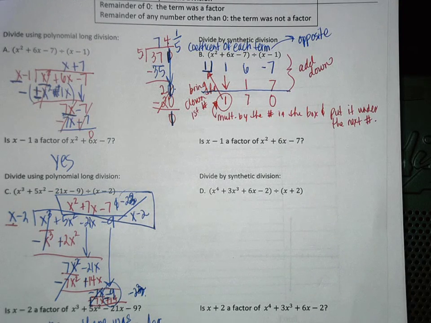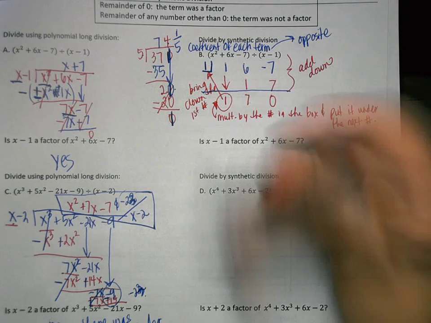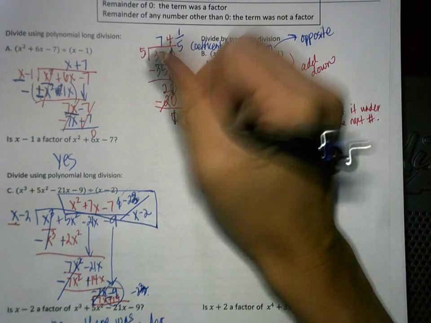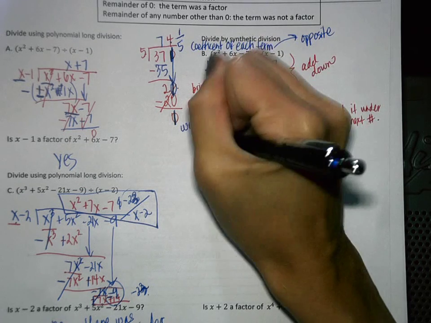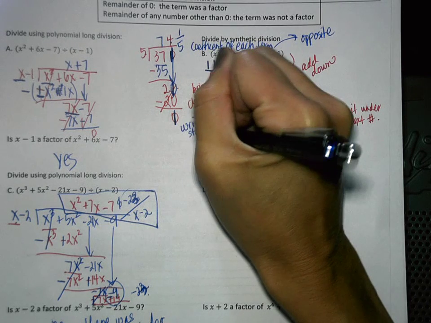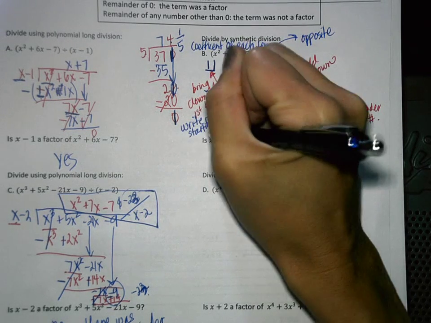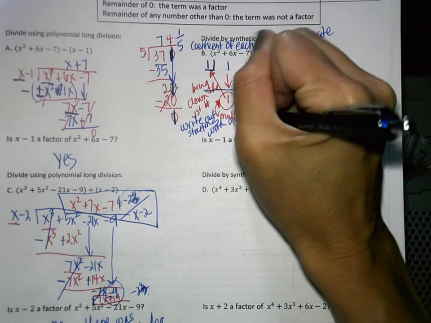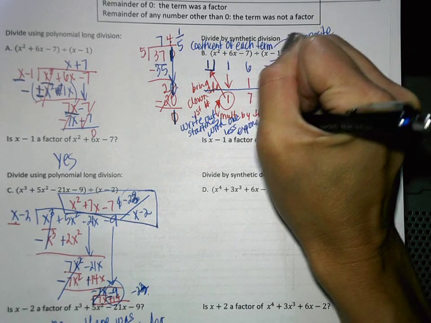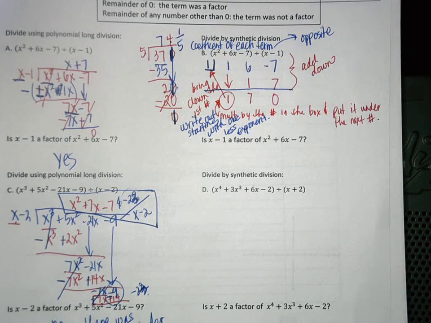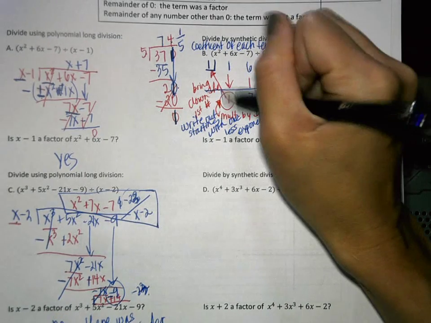Now, when you are writing out your answer, write it out starting with 1 less exponent. This right here is my answer.